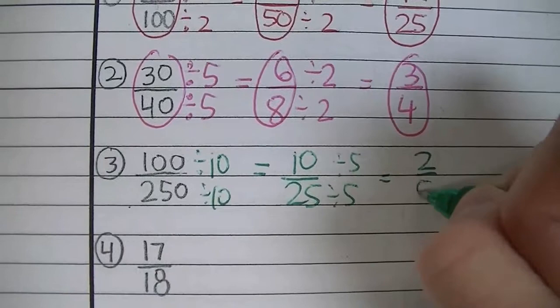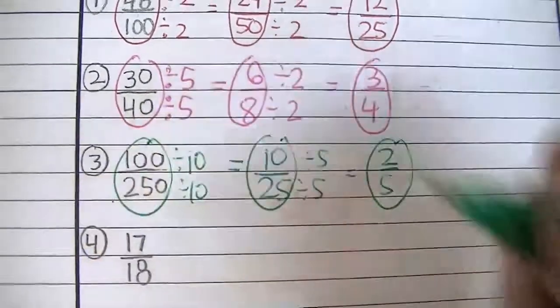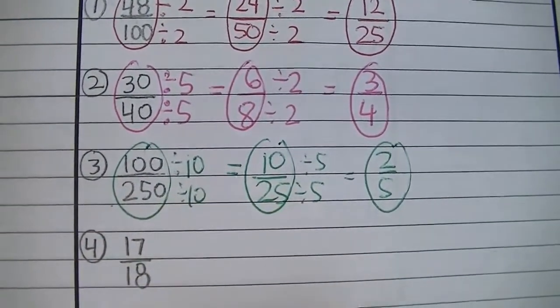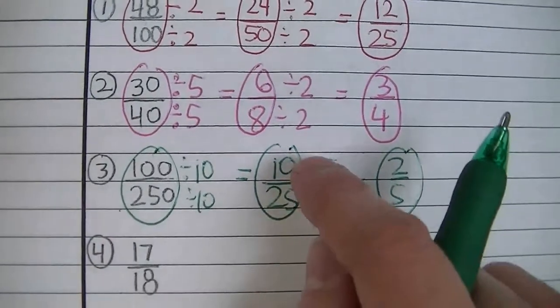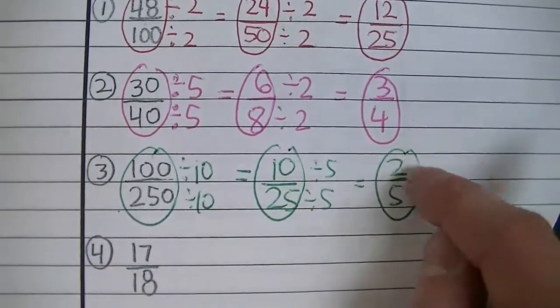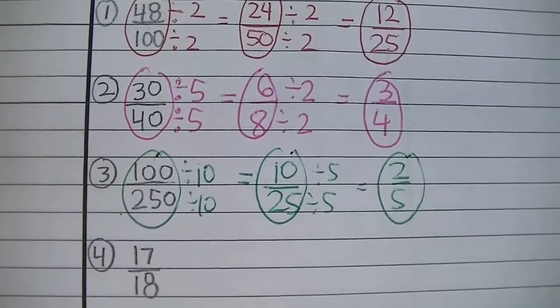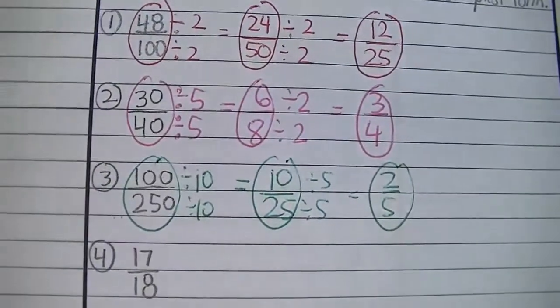So that would be 2/5, and that's as simplified as it gets. So these three fractions are also equivalent. If I looked for each of their decimals, it would be the exact same decimal. 100 divided by 250 is equal to 10 divided by 25, which is also equal to 2 divided by 5. And if you found their decimal form, they would all equal 4/10.